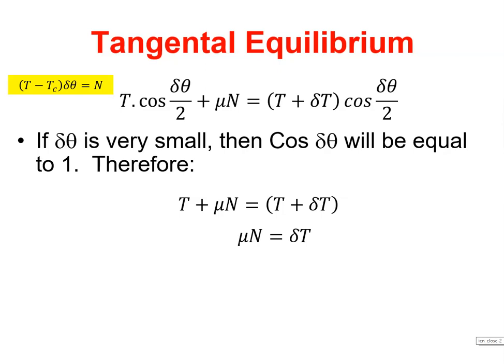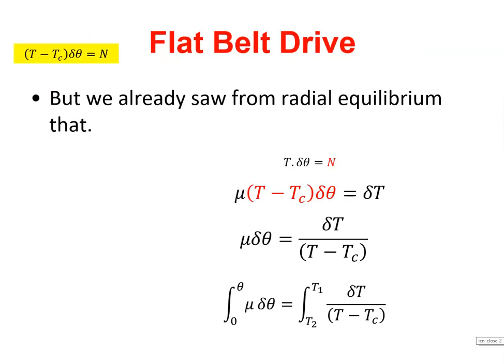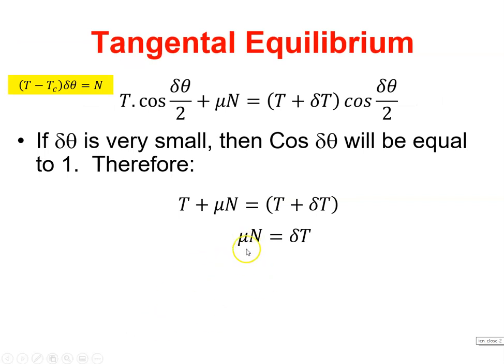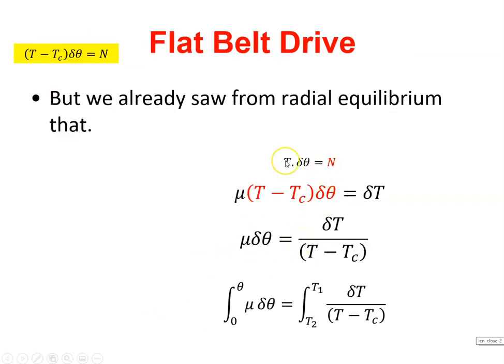Okay. So mu n is equal to dT, and well, n was equal to T minus Tc times d theta. That is equal to dT.